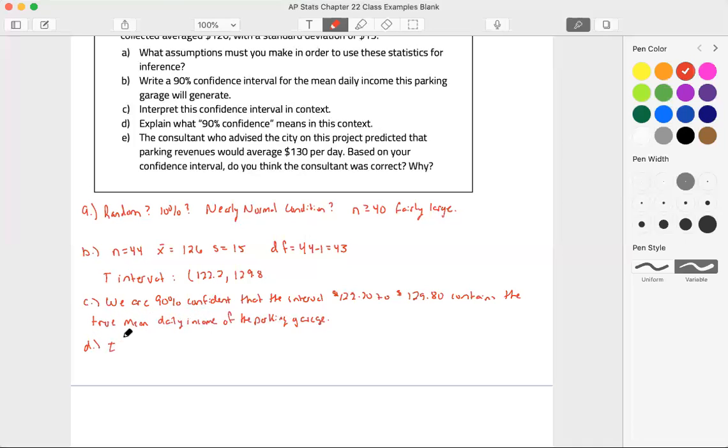So if many samples of size 44 were taken, we would expect 90% of the confidence intervals produced to capture the true mean.